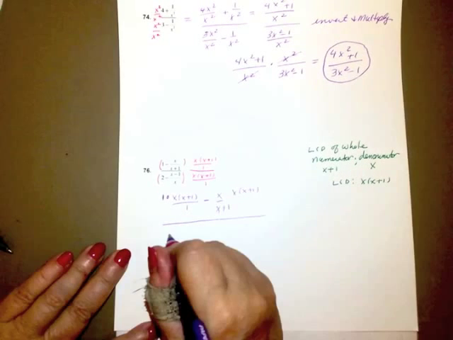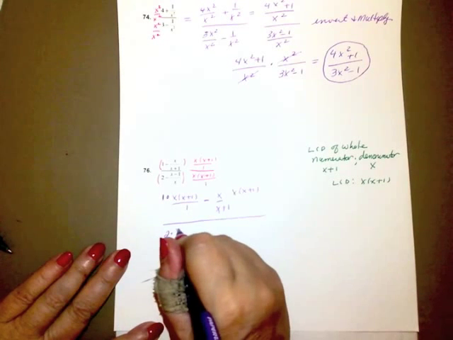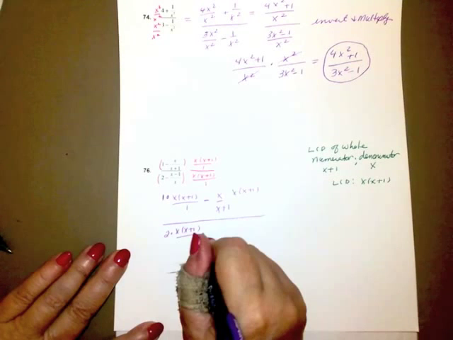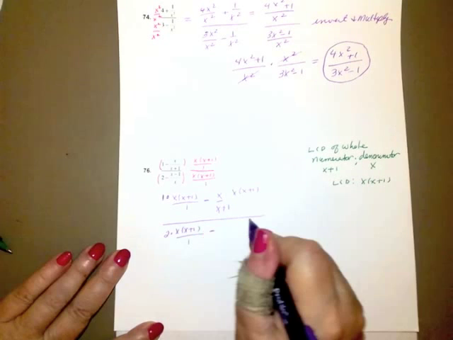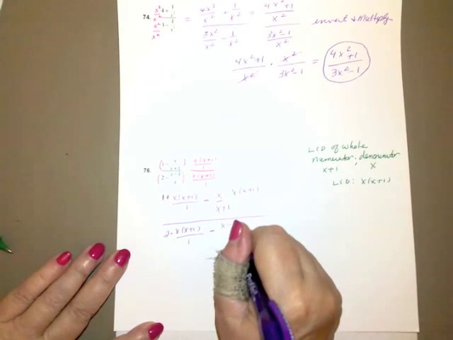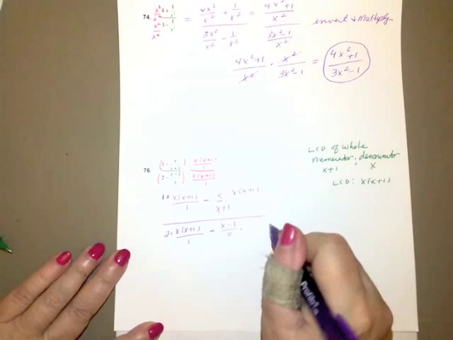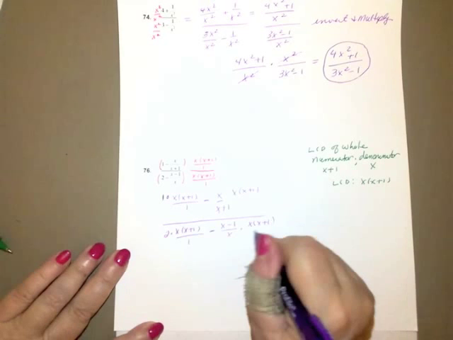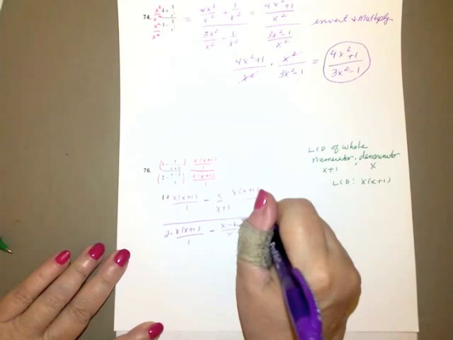And in the denominator, I'll get 2 times x plus 1 over 1 minus x minus 1 over x times x plus 1. And again, this is over 1 for both of them.